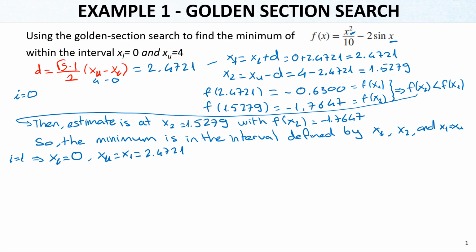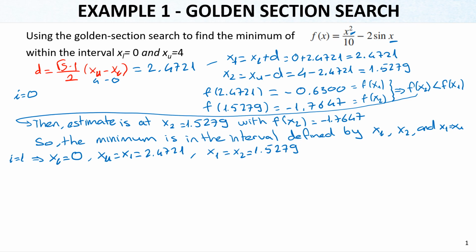And the x2 that we determined here as the estimate will be x1. Because we changed xu, this x2 becomes x1. Then x1 in this iteration will be x2, which is 1.5279.